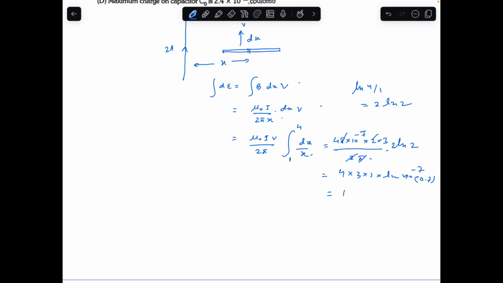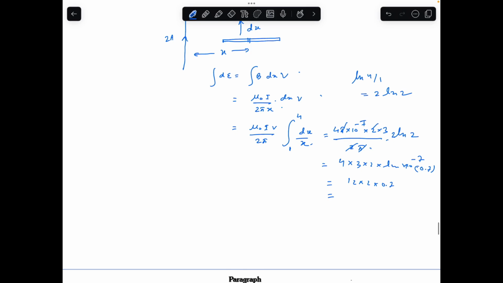So you get 1.68, no, 12 into 2 into 0.7, 24 into 0.7, you get 16.8 into 10 to the power minus 7.